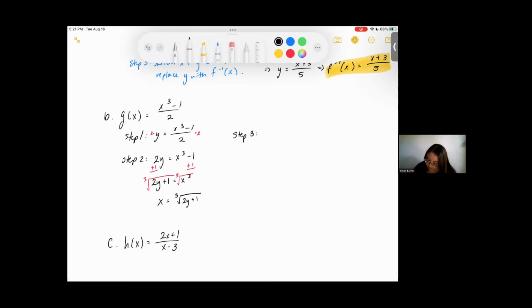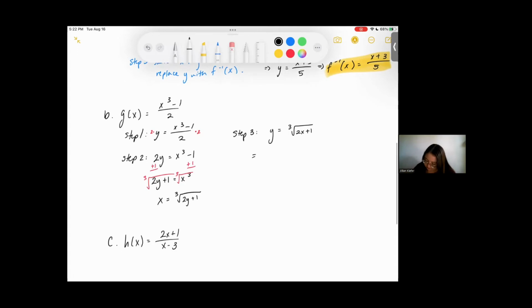So first we're going to switch, so this becomes y is equal to the third root of 2x plus 1. And then we replace y with f inverse of x. So we get f inverse of x is equal to the third root of 2x plus 1. And this is our inverse function.